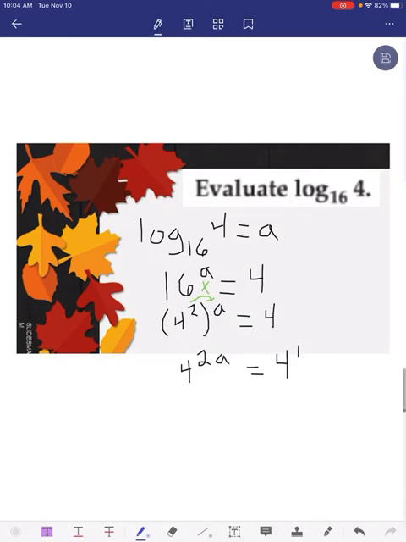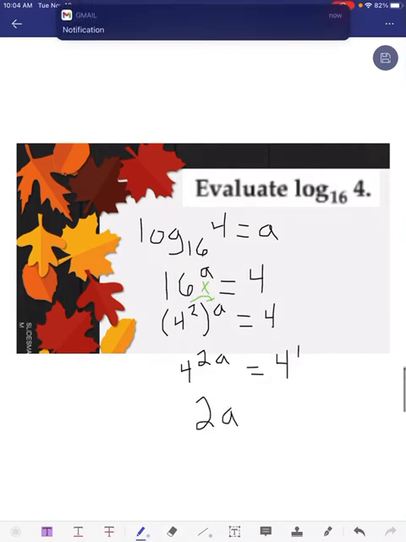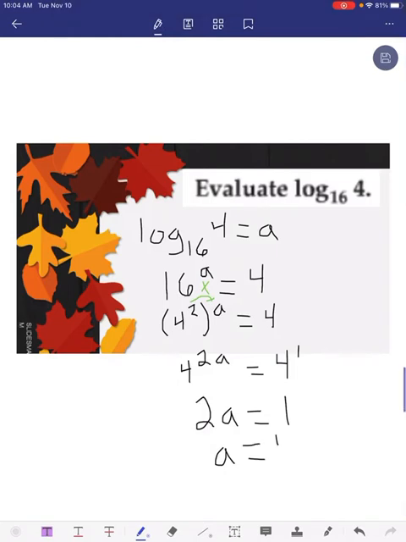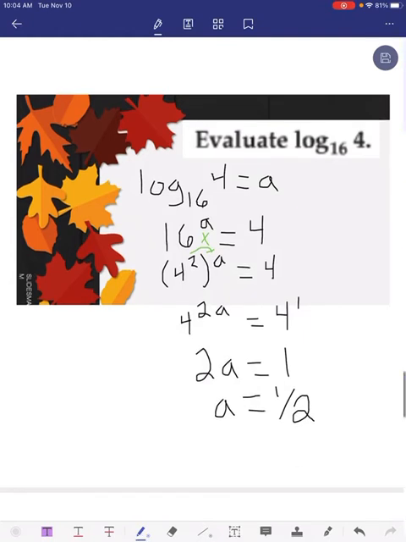And so now that our bases are both 4, we can say that if the bases are the same, the only way that the entire value can be the same is if the exponents are also the same, which means that my a value would have to be 1/2. Or, in other words, we know that log base 16 of 4 has to equal 1/2.